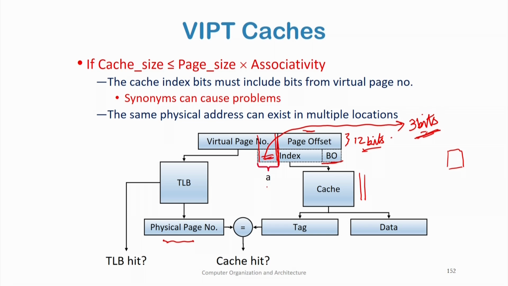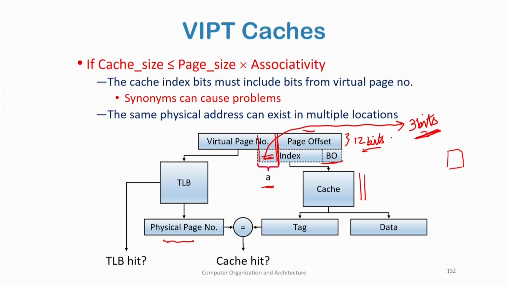Now, these 3 additional bits have created this problem that for a given physical address, depending on what the values of these 3 bits are, the same block in physical memory can go into different sets or different blocks, depending on whether it is set associative or direct mapped.